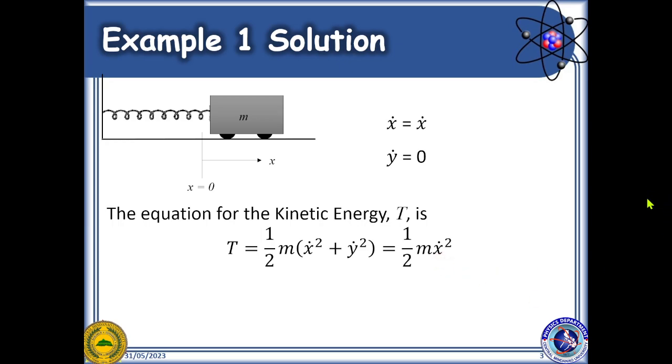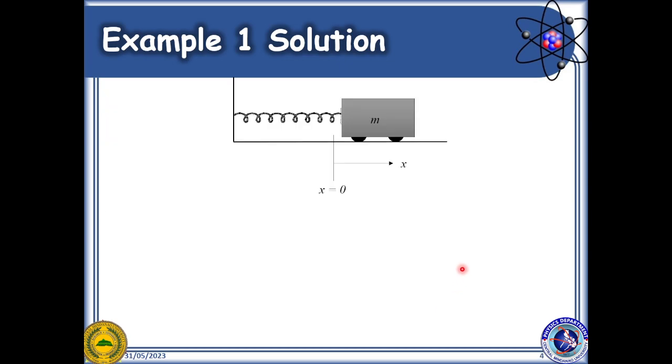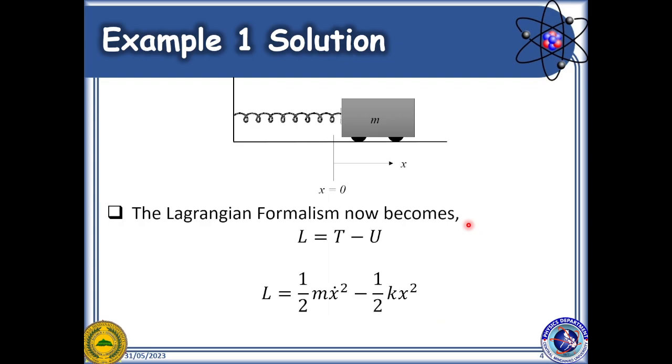Another energy to consider in this system is the elastic potential energy due to the spring, given by U is equal to 1/2 k x squared. After getting the kinetic and potential energies, we can now formulate the Lagrangian formalism.